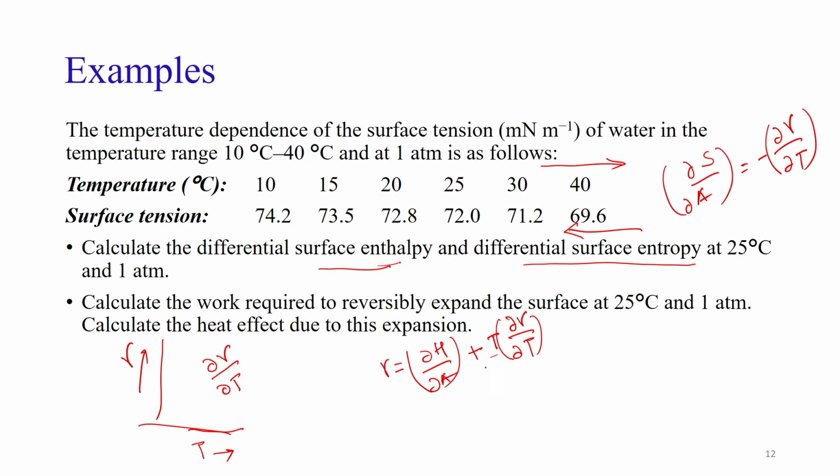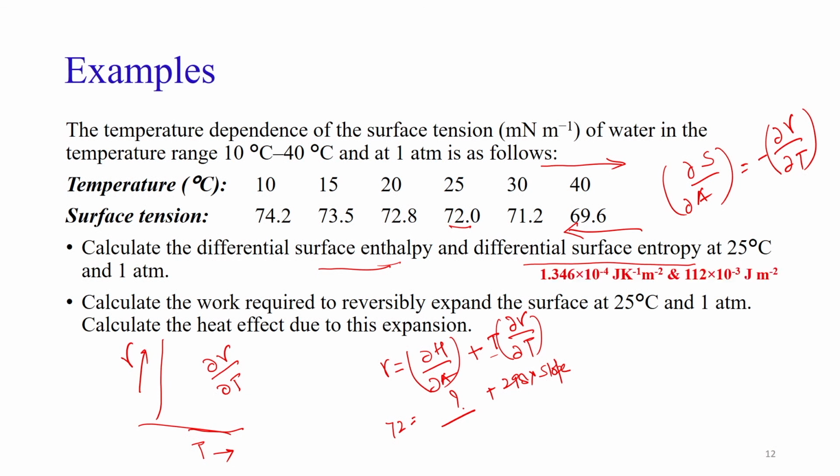So, T is 25, surface tension value is given at 25, surface tension is 72, we have to calculate this value, T will be 298 into plus slope value. So, you should be able to calculate the differential enthalpy as well. So, you will be able to get this answer.